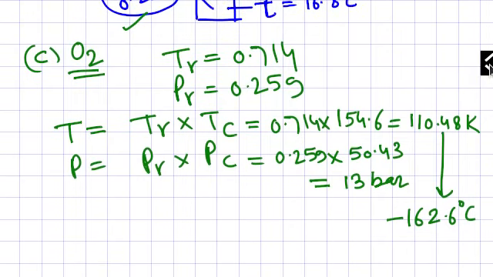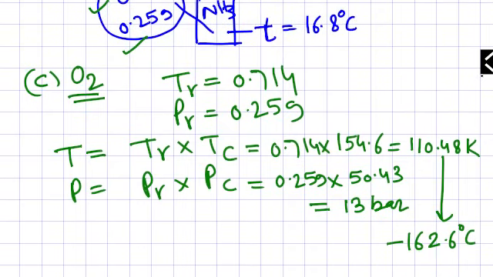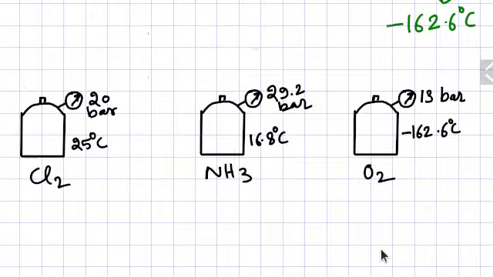So now comes the point that we will compare all these gases. Here you can see the final result, and I have put these three gases together for comparison. You can see the gases are at different pressures.